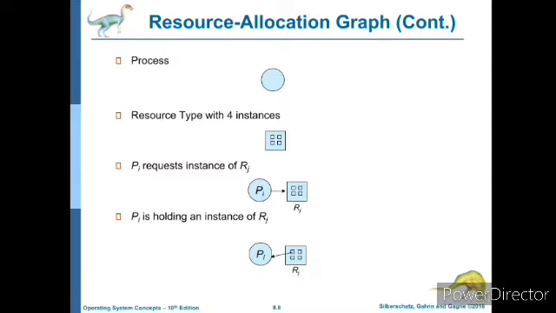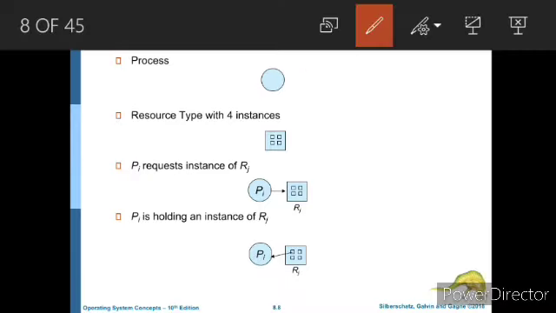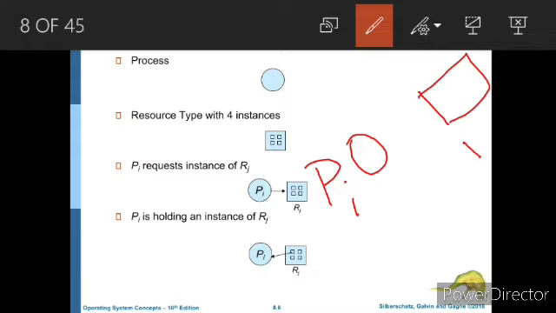Okay, when a process Pi, represented by a circle, requests an instance of Rj, we need to include a request edge.